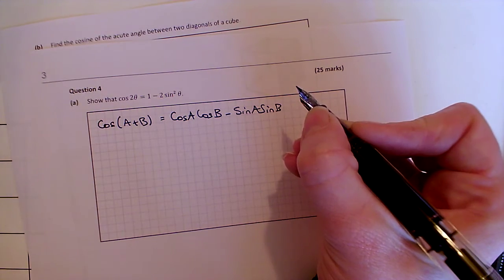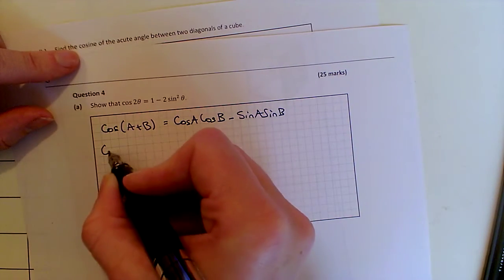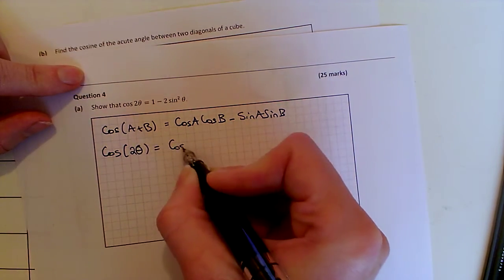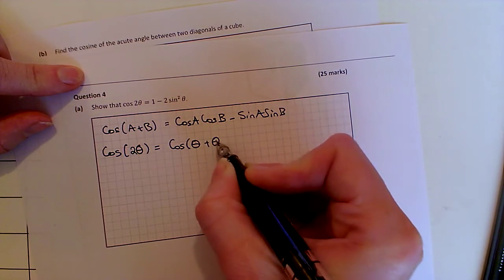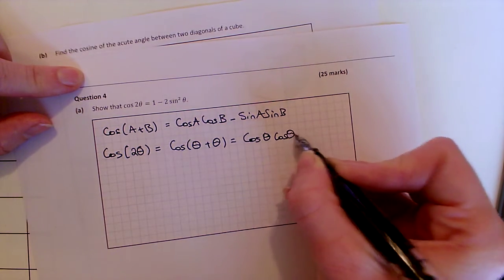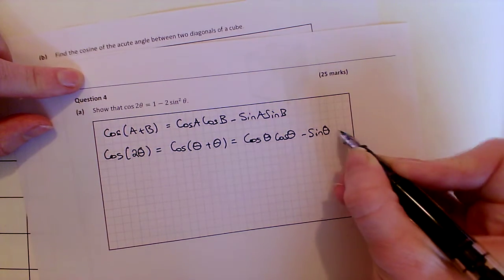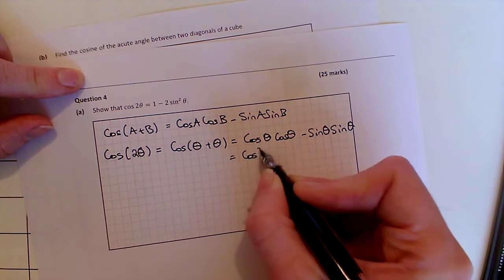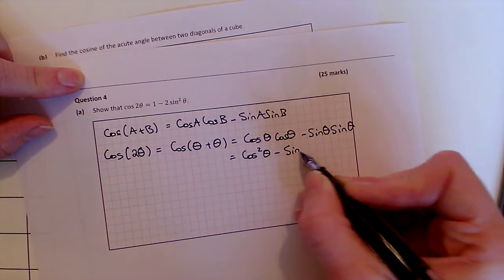Now from there we're going to say, well, cosine of 2 theta is going to be cosine of theta plus theta. And that will be cos theta cos theta minus sine theta sine theta. And that is cos squared theta minus sine squared theta.